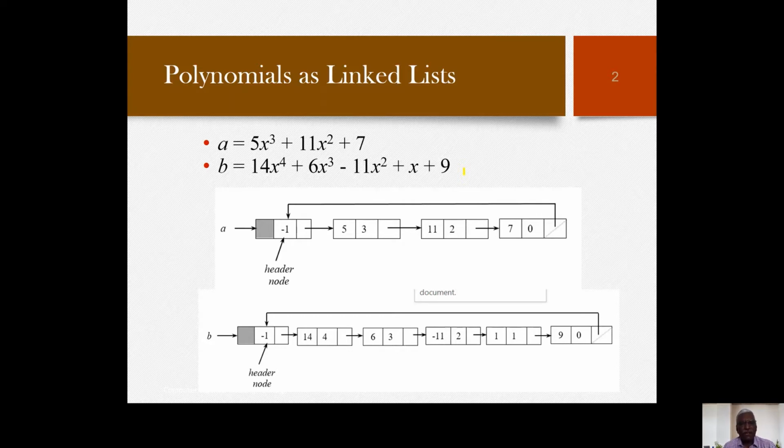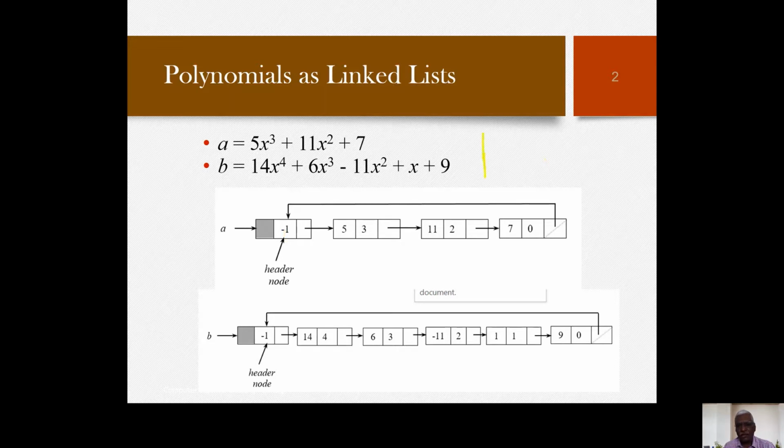So as and when we get the terms, we can dynamically create the nodes for the linked list and keep attaching. Secondly, we will also use a header node here and a circular linked list. The header node here has an exponent term of -1.